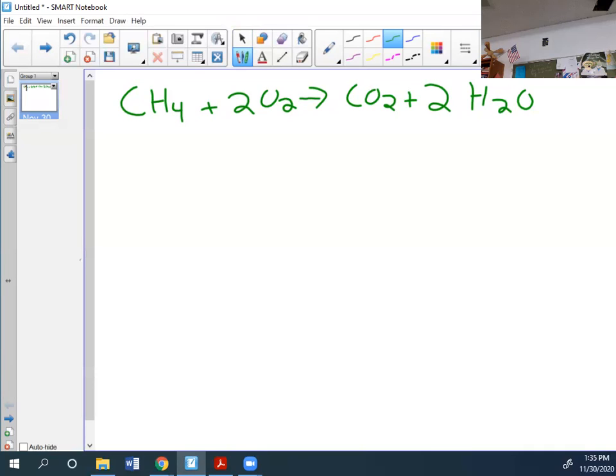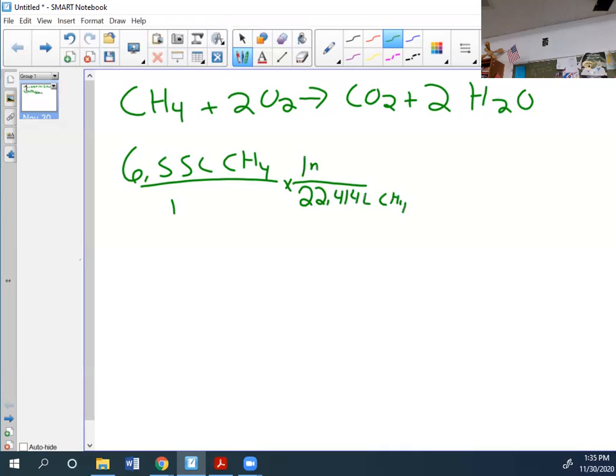So stoichiometry, I start with what I know. I have 6.55 liters CH4 over 1, times 1 mole on the top and 22.414 liters on the bottom, times 1 mole CO2 over 1 mole CH4.